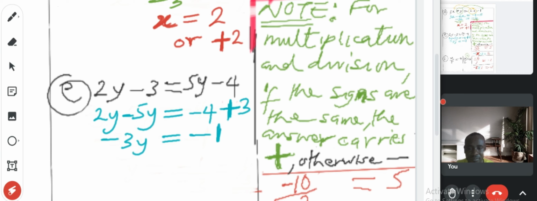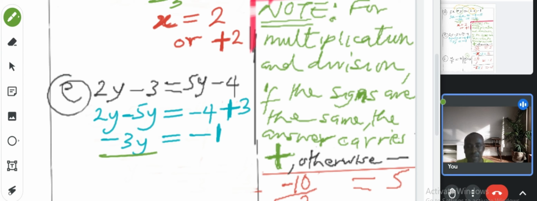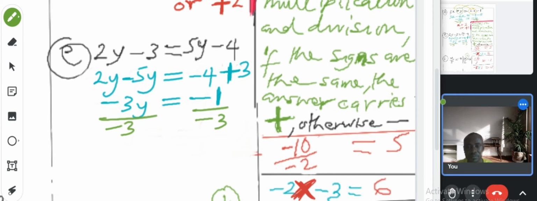You do -3y divided by -3. You divide both sides by -3. So I have -3 over -3, then also this one over -3. So what will it give you? Are you sure? -3 cancels out -3, and that will be y left, is it not?